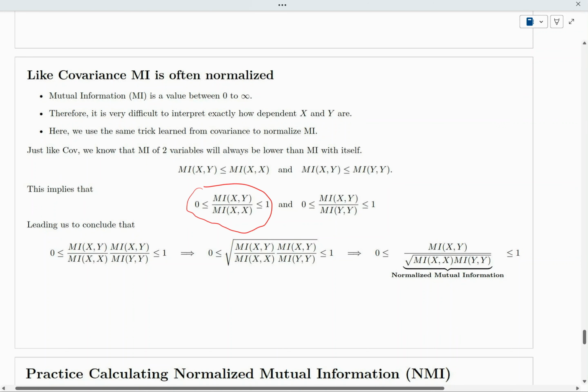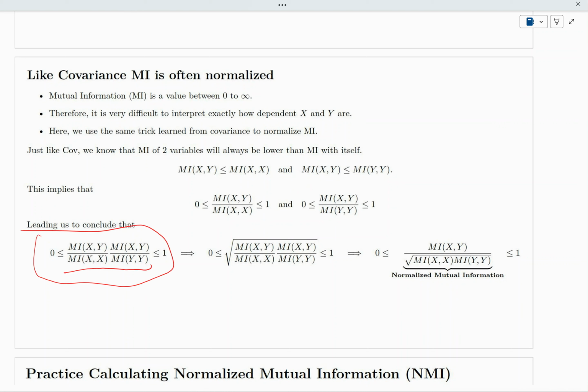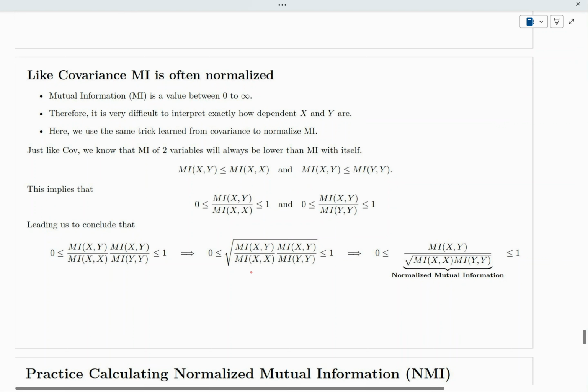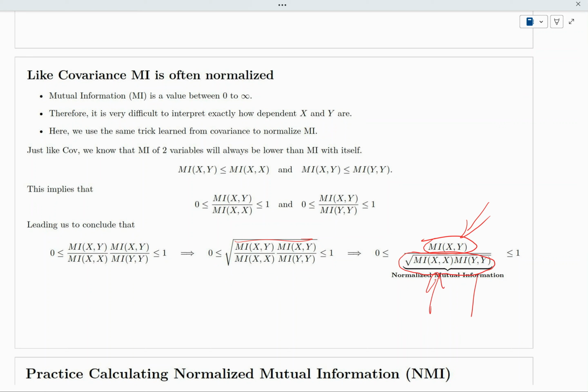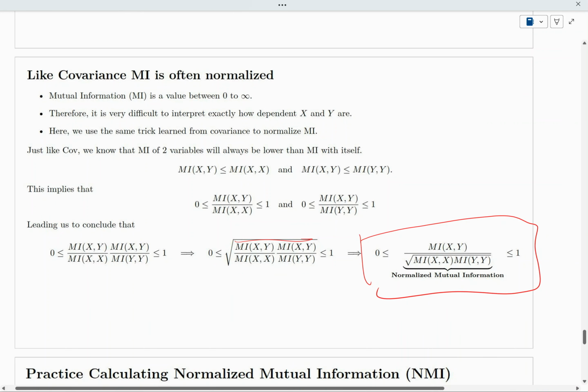Therefore, this must be between 0 and 1, and this also must be between 0 and 1. When we multiply them together, we have a value that's between 0 and 1. And if we simply take the square root, it's still less than 1, resulting in the equation for normalized mutual information. So we take the original mutual information and divide by the square root of the mutual information of XX times the mutual information of YY. This is how we normalize it. This value will always be between 0 and 1, and therefore it's easy to interpret.